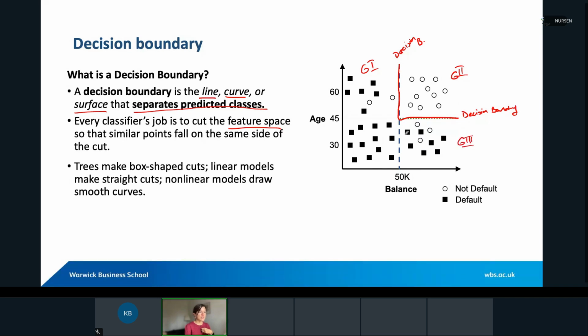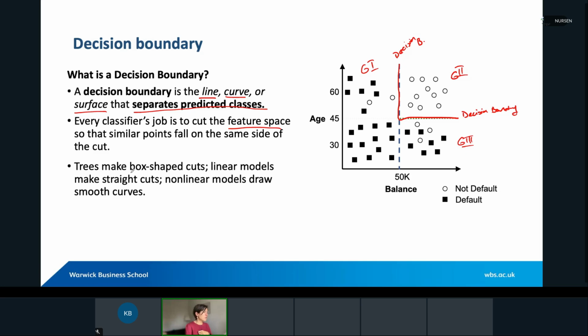So we have 3 groups, and after dividing into 3 groups, we focus on each group separately, and if we have a sample falling into that particular group, we predict the class of that sample based on the majority. So decision boundaries in classifiers, like decision trees, help us to identify the segments in our data, and we use those segments to make prediction.